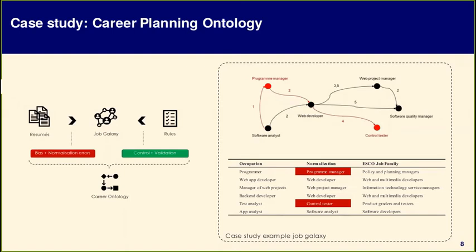A programmer, for example, was normalized to program manager instead of software programmer, or a test analyst was normalized to control tester instead of software tester. This kind of error typically leads to a job galaxy that encompasses a number of doubtful links between some jobs. Hierarchical weights represent the number of years of experience required to move from an occupation to another.